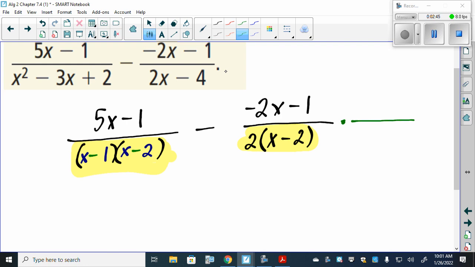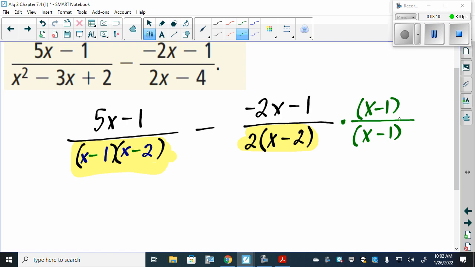I think the easiest way to look at this is to look at both of them. We're starting out with the 2 times x minus 2. What is it missing that the other one has? Well, the x minus 1. So we'll multiply top and bottom here by x minus 1, because the one on the left has x minus 1 and x minus 2.